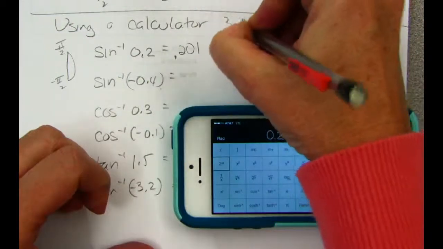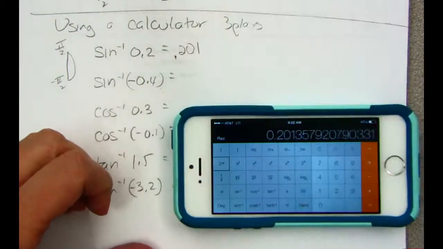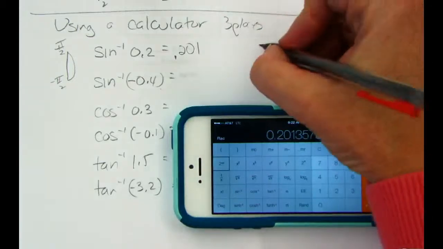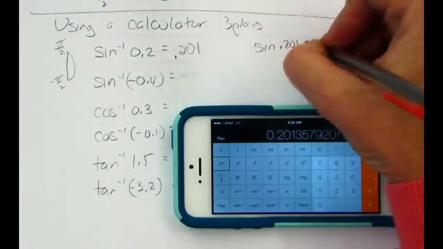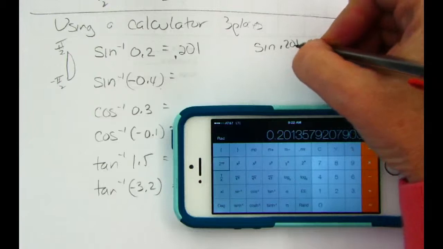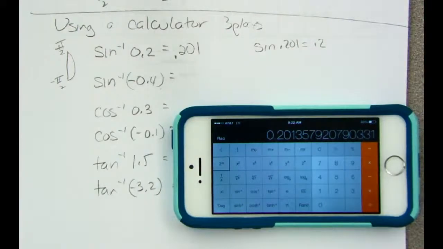We'll go 3 places. Pi over 2 is 1.57, so that's really small. So that means sine of 0.201 equals 0.2. I just want 0.2, that's really going to be a small angle, like maybe a 10-degree angle.